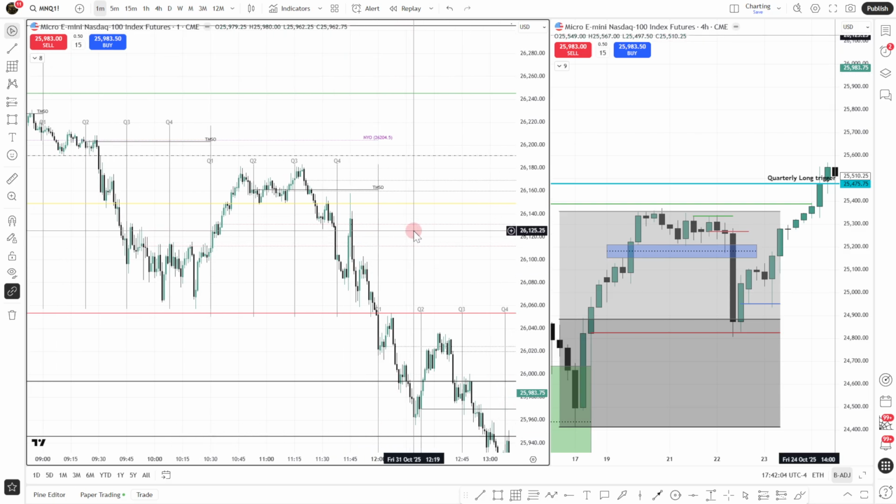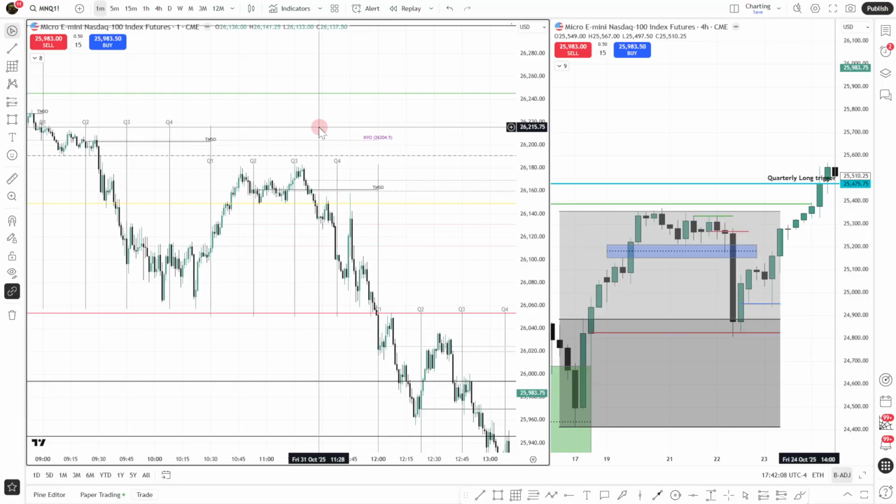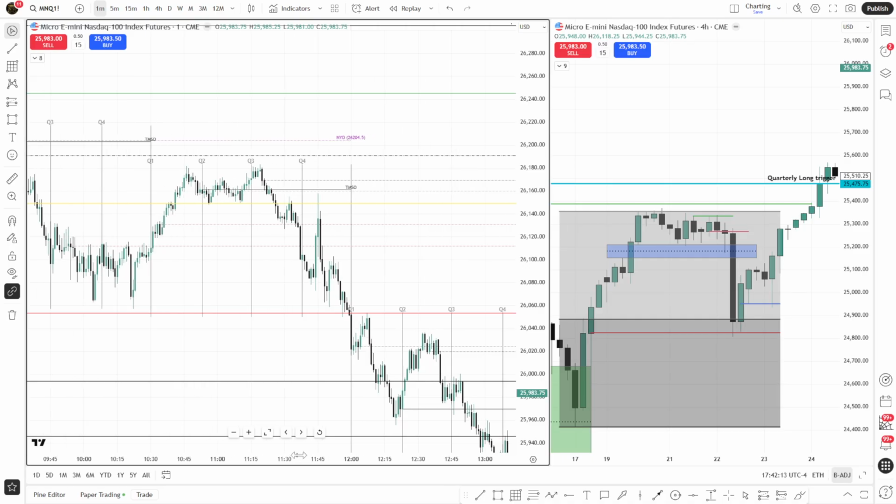Okay, as price is delivering, when we're looking at protected highs and lows, I'm looking at price action like this.